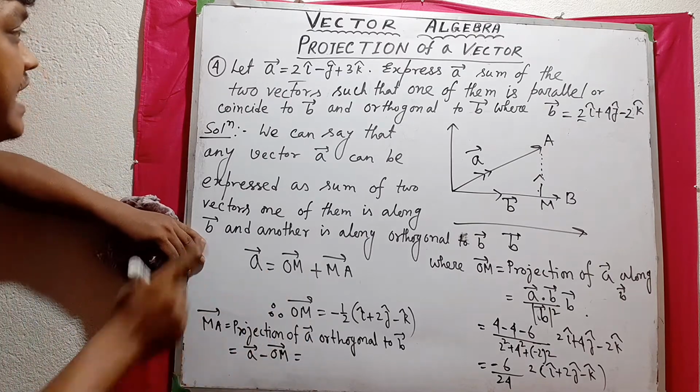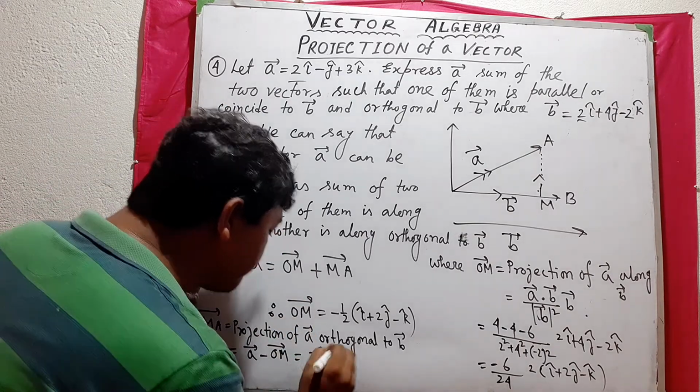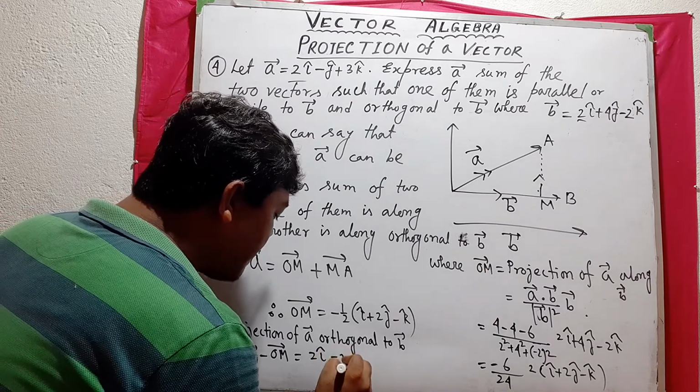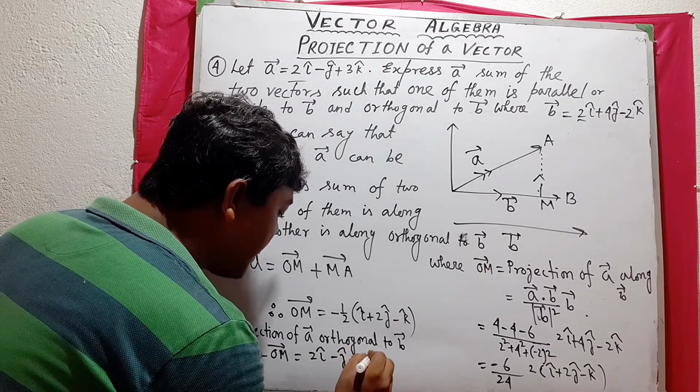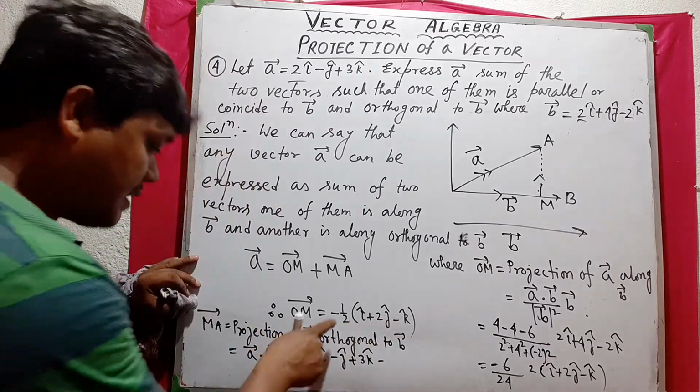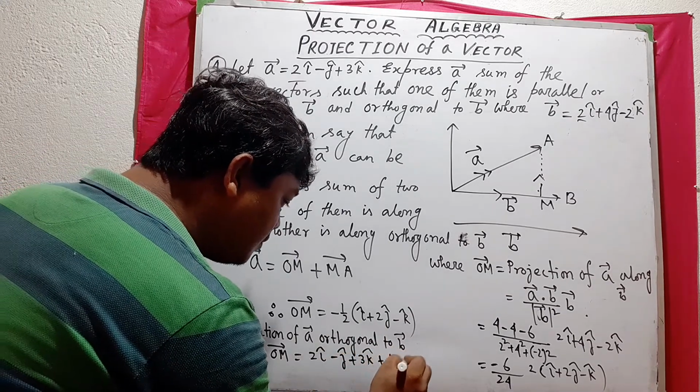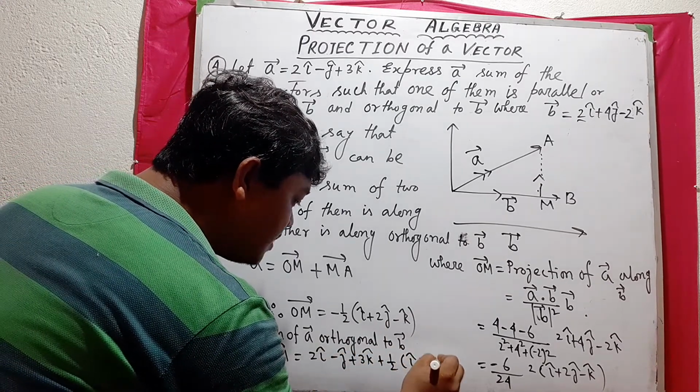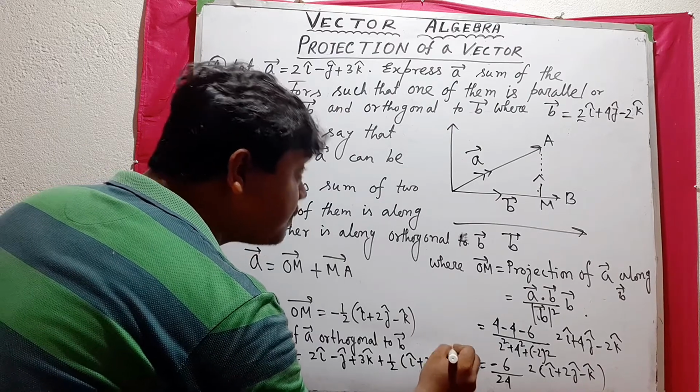তো এটা তো মাইনাস আছে, a ভেক্টর হচ্ছে 2i cap minus j cap plus 3k cap minus of minus half, that is plus half into I cap plus 2j cap minus k cap.